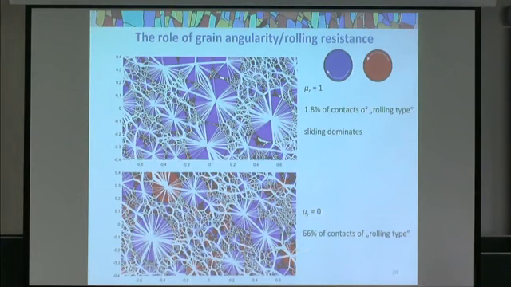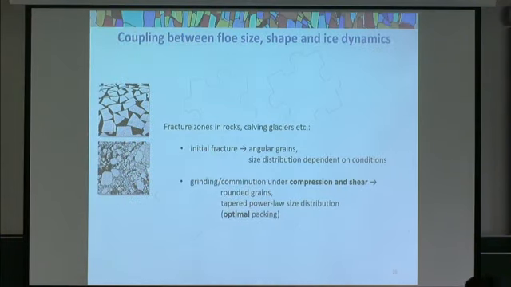This simulation was done for grain size distribution typical for Apollonian gasket, and the model evolved by itself towards a state when we have roughly 2/3 of contacts of rolling type and 1/3 of frictional type, provided of course that the rolling resistance is very small, which means that the grains are close to circular.